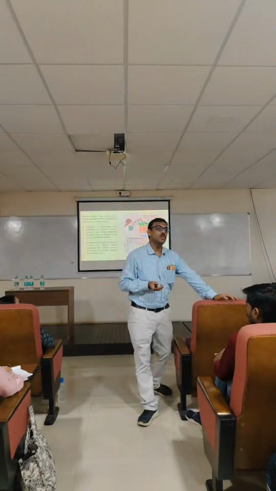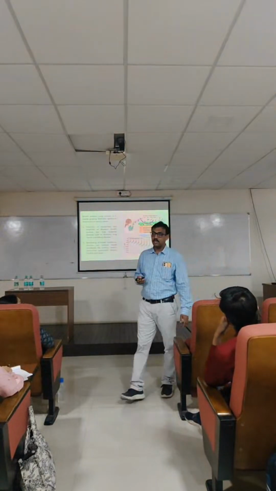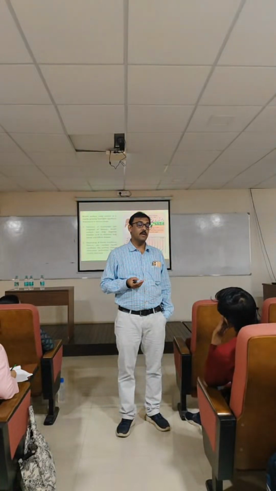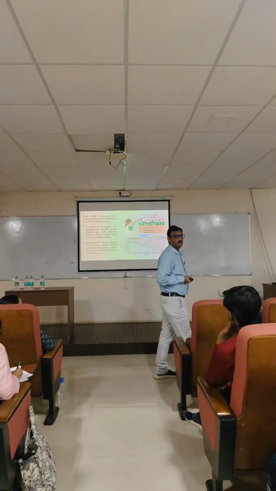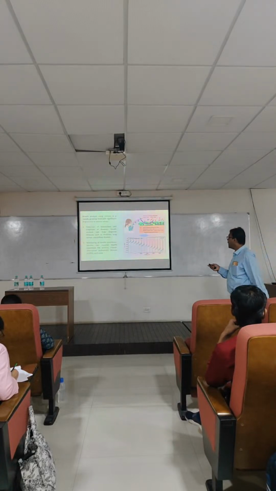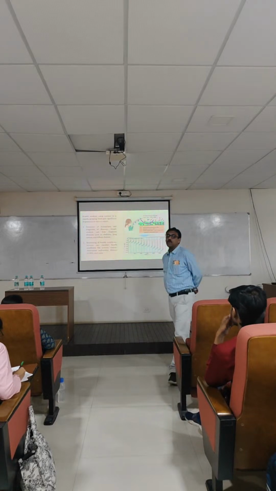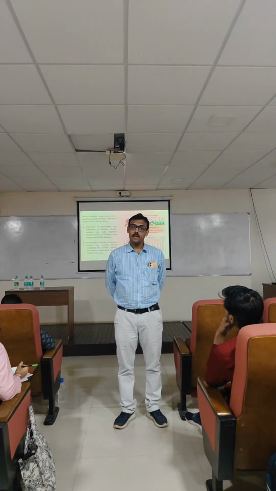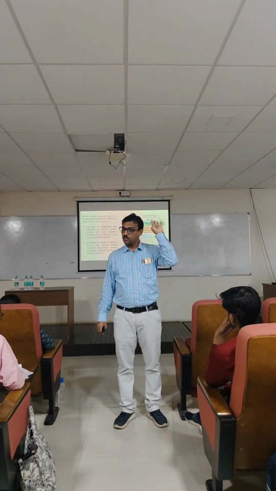But in other ways you can also detect VOCs or gases, like the PID, photoionization detector, and the FID, flame ionization detector. But here the MOS, that is the SMO gas sensor, you can use, and these SMO gas sensors are called chemi-resistive sensors.